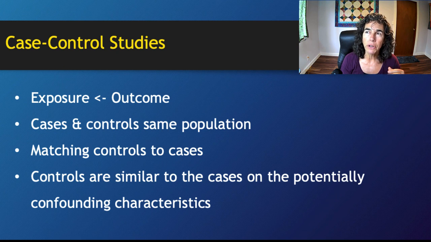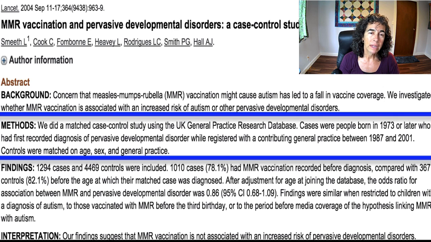And it could be gender, it could be age, it could be other conditions, it could be socioeconomic status, it could be the region in the US that you live, it could be any number of things, but the controls are similar to the cases on the potentially confounding characteristics. That's the important part of this. Here's an example of that, and it's using the MMR vaccination and its relationship to PDD.